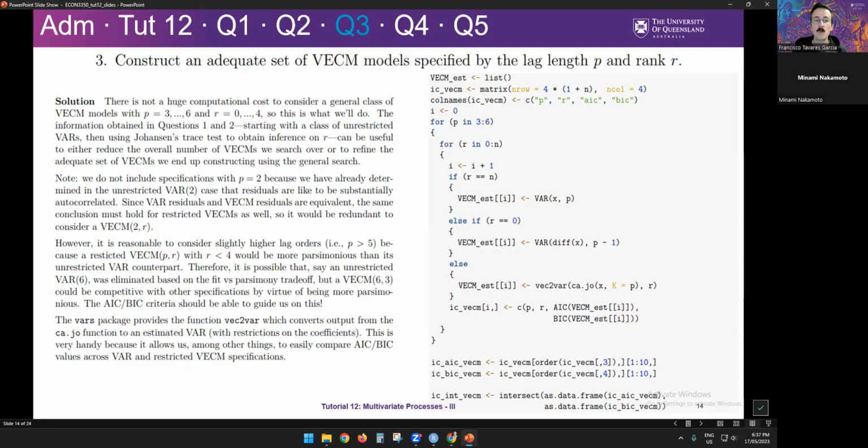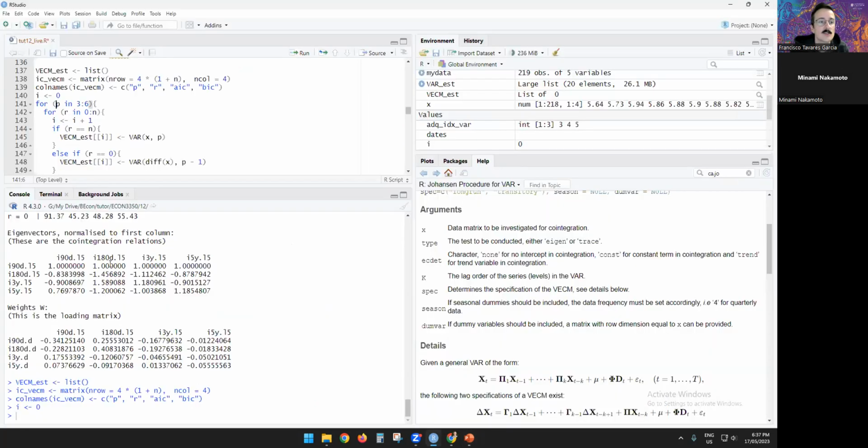But now that we have more restrictions, having ranks lower than 4 means we're imposing restrictions. Therefore, with more restrictions, we have fewer coefficients. Having fewer coefficients, probably our AIC and BIC can improve a little bit. So that's why you will see that we will be considering lags from 3 until 6.